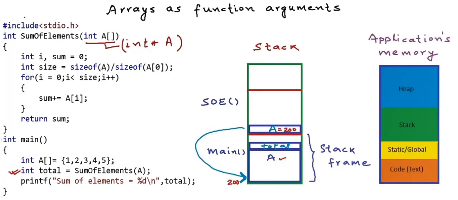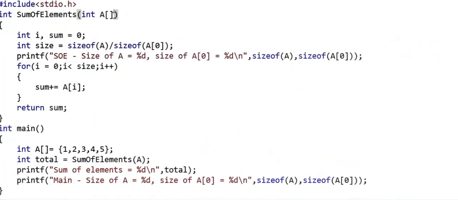So for arrays there is no call by value, there is always a call by reference, and that's why size of a here would give us 4 as output, because a is a pointer to integer here, while in the main method a is an array. So this format of passing an array as a function argument, where we put these brackets to tell that this is an array, is actually interpreted something like this by the compiler.